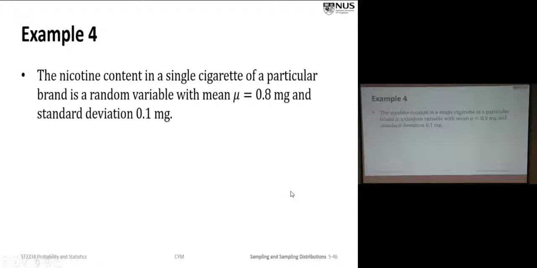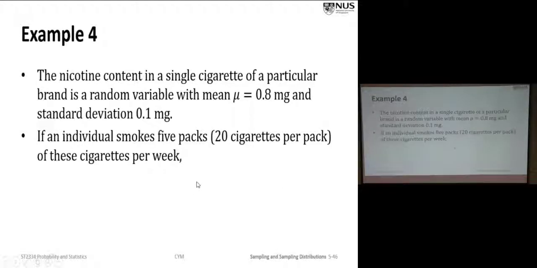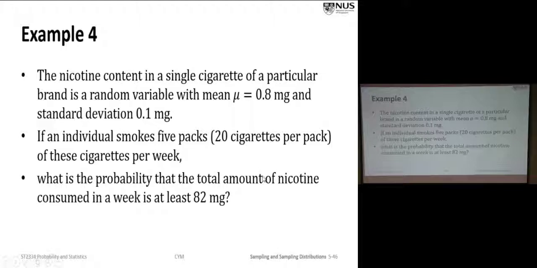Okay. So here's another example. This time, it's the same as before. We are asked the total amount in a week. So this individual smokes 5 packets with 20 each in 1 week.